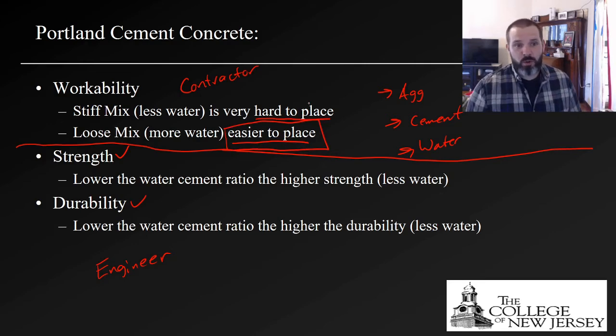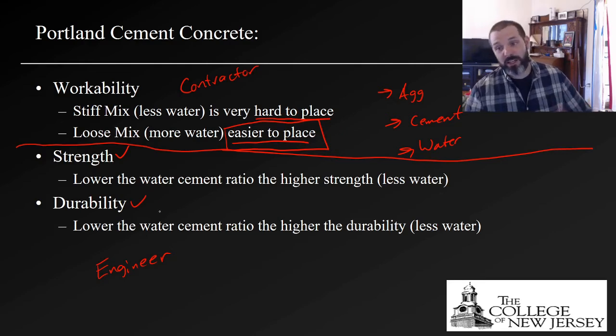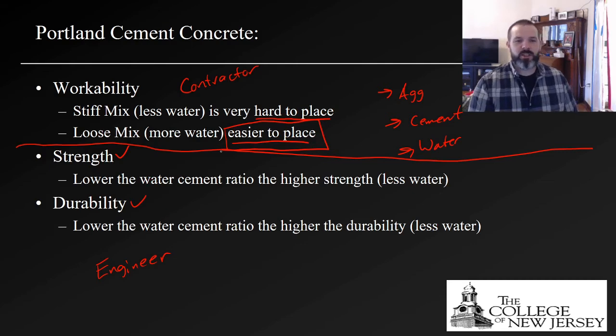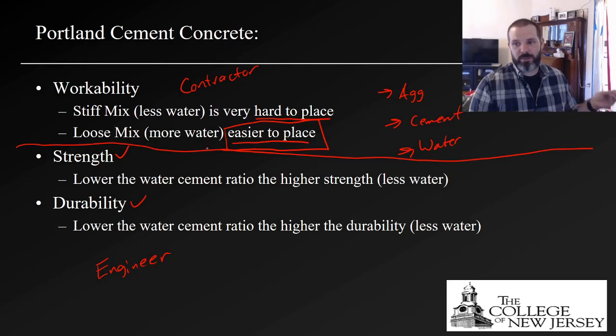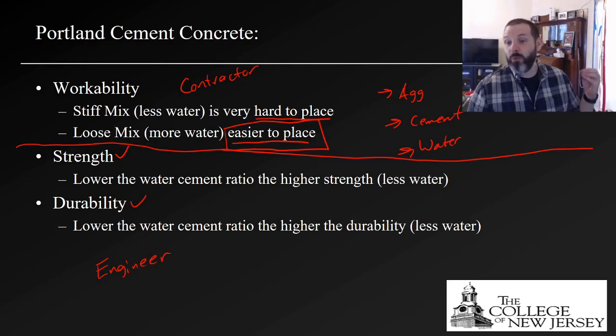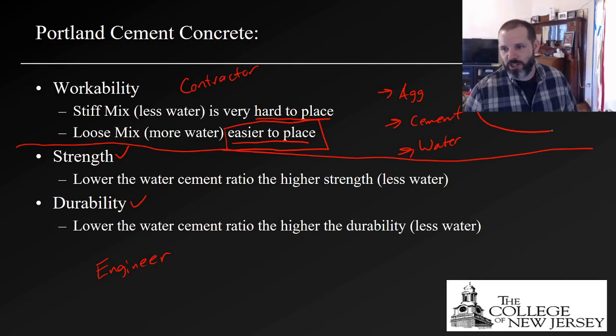The contractor would like a more workable mix that's easier for him to place. An engineer would like something with high strength and high durability. This basically puts the whole construction world and engineering world at odds and leads to a bunch of tests and things we do to ensure the quality of our concrete mixes. But the key to all Portland cement concrete is the water-cement ratio, or the ratio of water to cement.